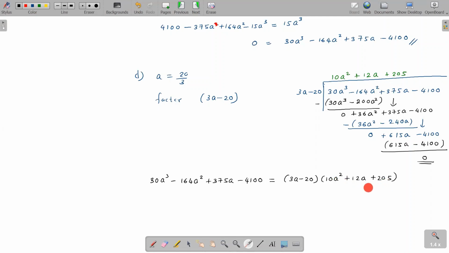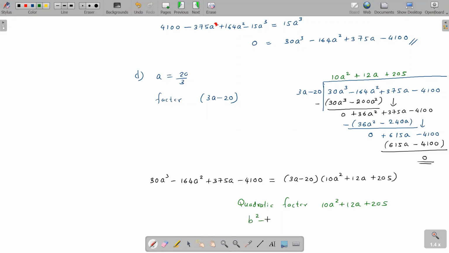So what are the possible ways of doing that? You can use the quadratic formula and say it doesn't come. You can either maybe show the discriminant and say that if the discriminant is negative, there are no other roots. So we'll take the quadratic factor, 10A square plus 12A plus 205.